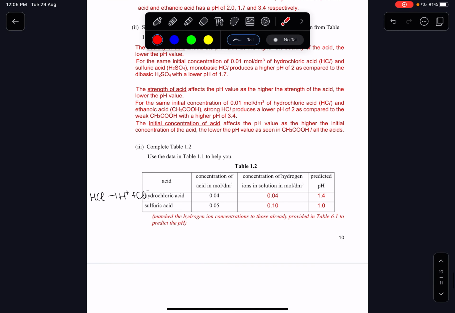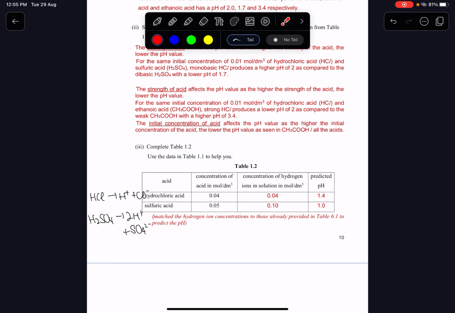Next, for sulfuric acid, remember it's H2SO4, so it's a dibasic acid. It will give you 2H+ plus SO4 2-. Since it's 2H+, you must double the concentration of hydrogen ion, so you get 0.10.